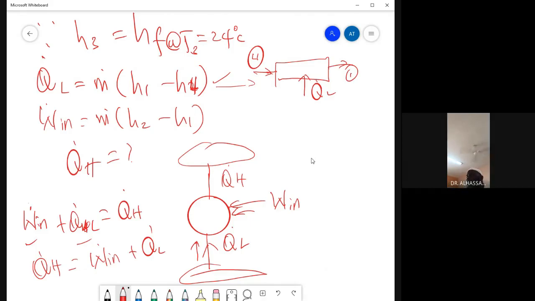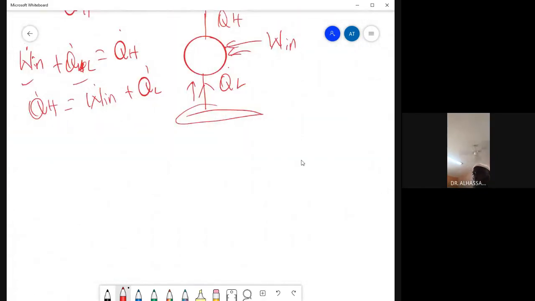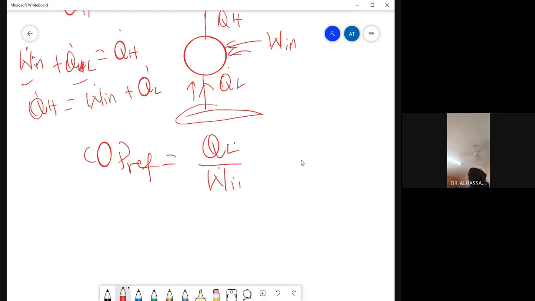Then the coefficient of performance for the refrigerator equals QL divided by W in. That's all. So this is the solution to this particular question.